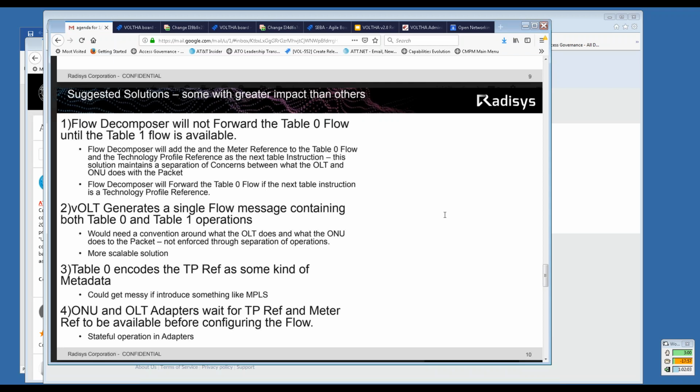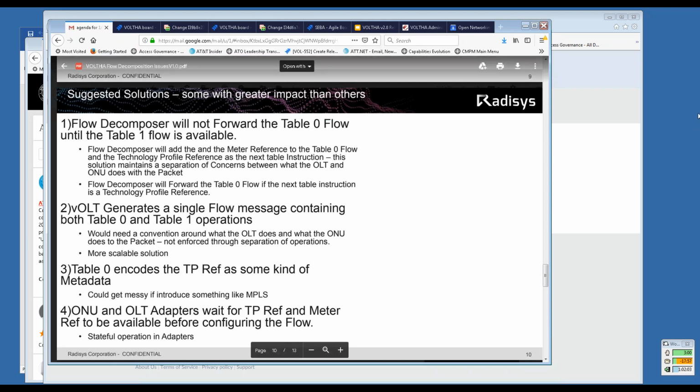Just thinking that if we're sticking these fields in as metadata, it may become unwieldy. Because OpenFlow has, I believe, an experimenter field, which could be used to transfer some proprietary information. Yeah, originally when we were talking about the technology profiles, we had discussed use of the experimental fields, and that was frowned on initially, just because the idea was we want to use the existing standard. Okay, get it. Thanks.